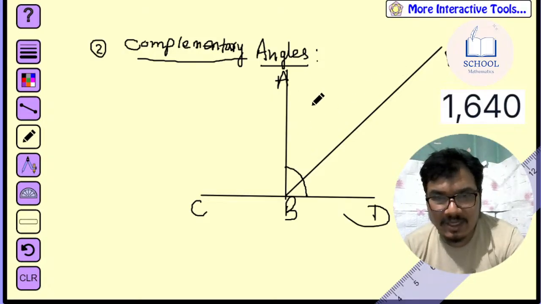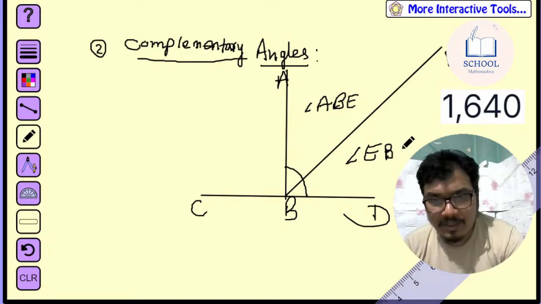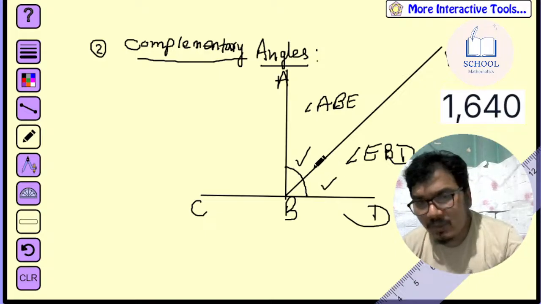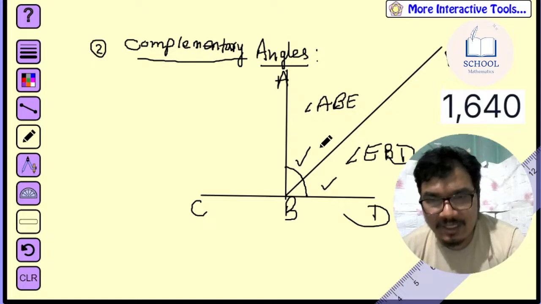This angle is ABE, and this angle name is EBD. You can put there angle EBD, right?